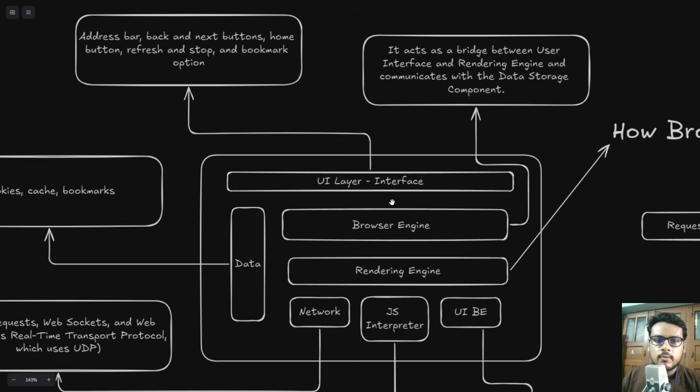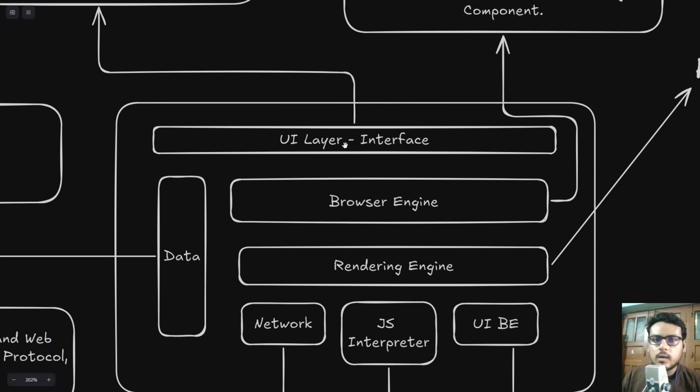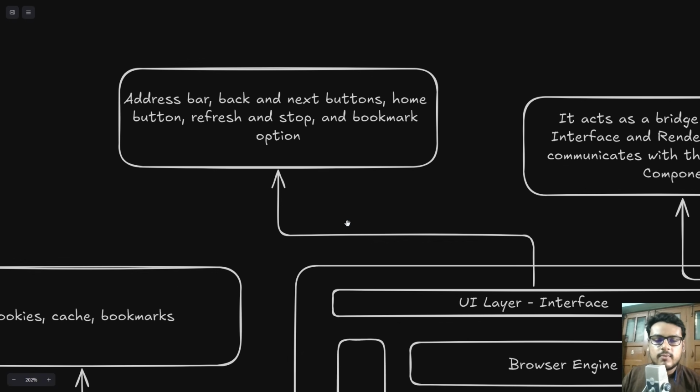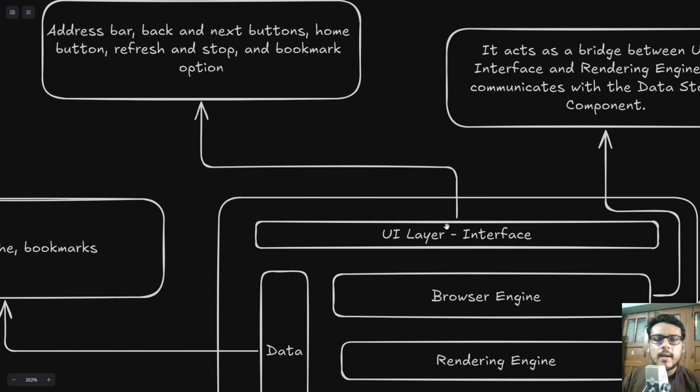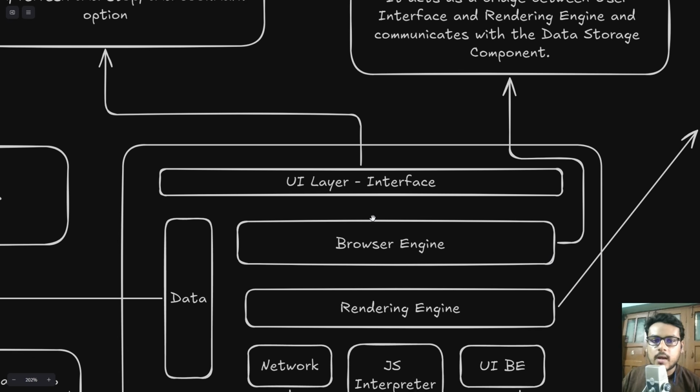So let's talk about the first component, which is the UI layer interface. Everything which you see on the browser, the address bar, back and next buttons, home button, refresh, stop, and bookmark option, all comprise the UI layer. So the UI layer is just the front end of the browser, which is visible to the naked eye of the user.